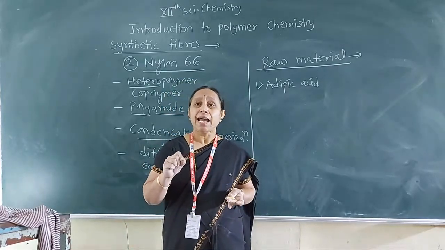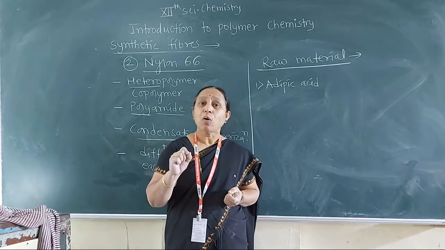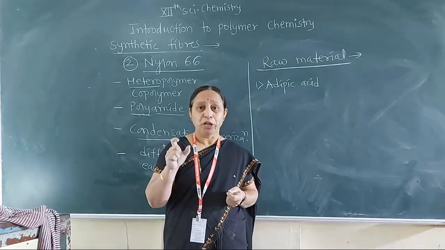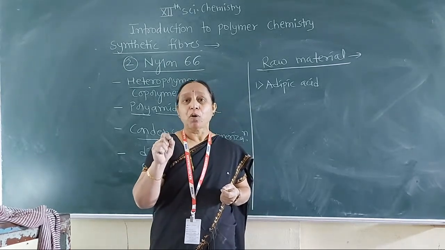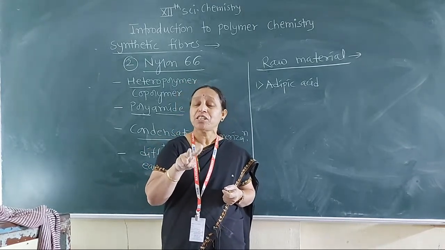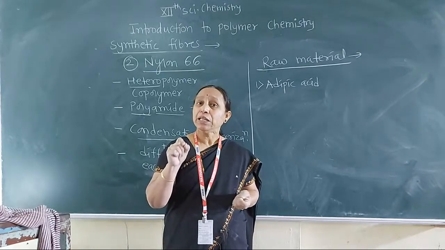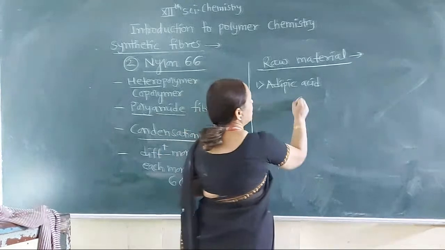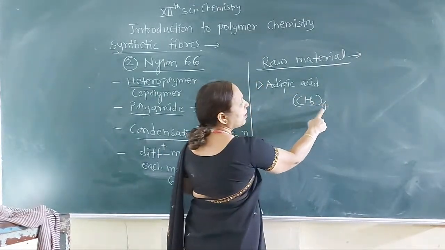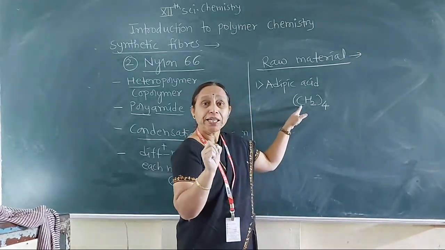As it is a dicarboxylic acid, it contains 2 carboxyl functional groups. At the two ends of this molecule, there are 2 carboxyl functional groups, and in between these 2 carboxyl functional groups, there are 4 methylene groups. CH2 4 times. 4 methylene groups. And all of you know, methylene group is CH2.